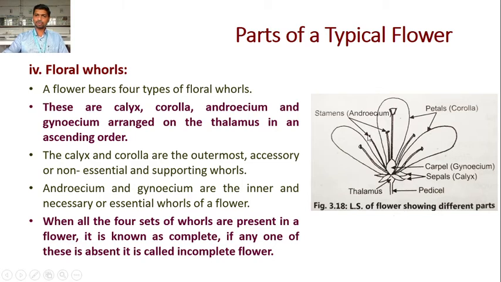In this diagram we can see all the 4 floral parts, so this flower is a complete flower. Suppose in this flower the calyx is not there, then we say this flower is an incomplete flower. Suppose only the gynoecium is present, then such a flower is also incomplete.